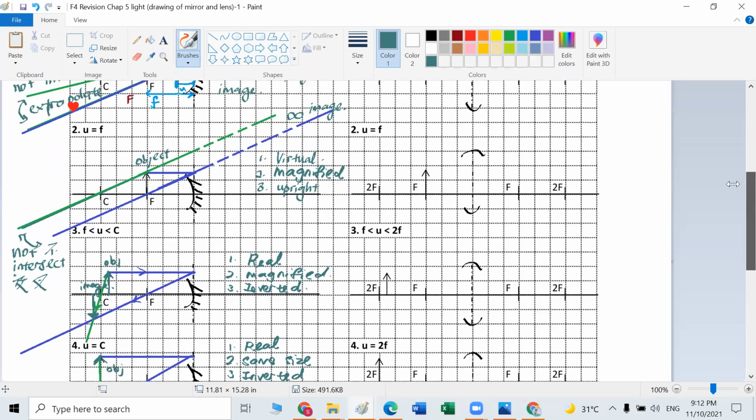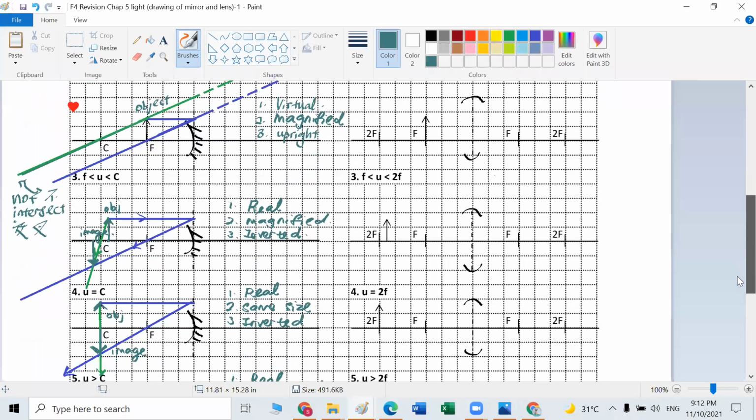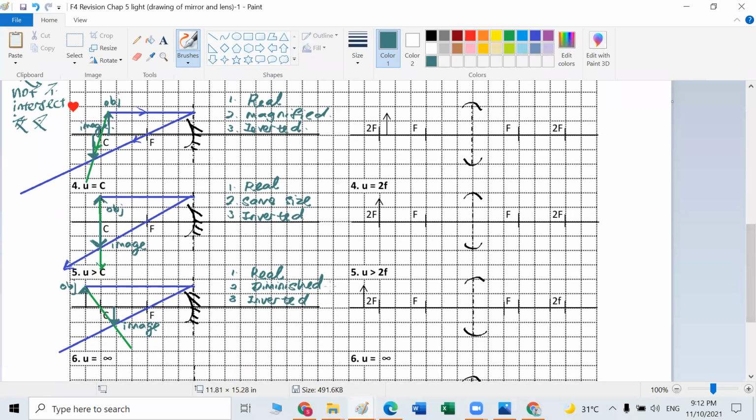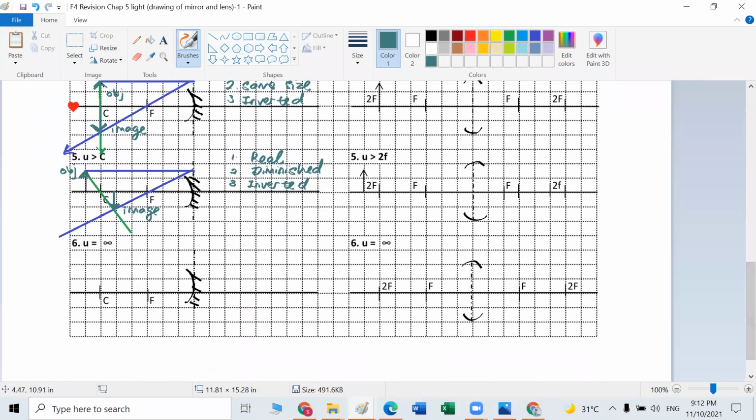So magnified, magnified, magnified, same size, then starts to diminish. Okay, so can I proceed to number 6? Anyone still need time? Tell me. No more. Okay, I'll proceed.